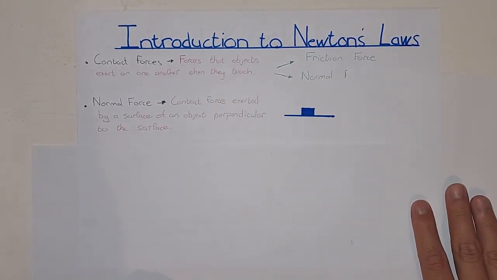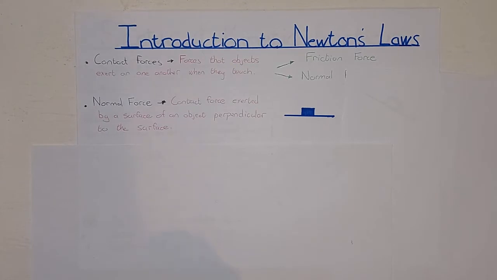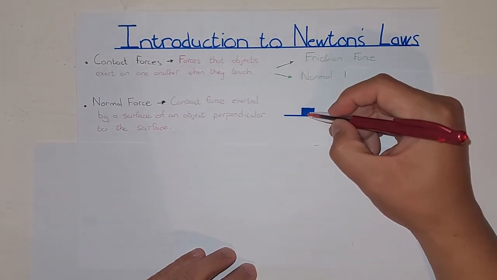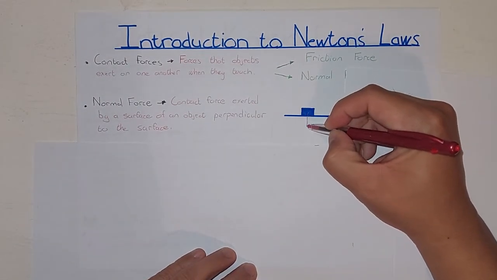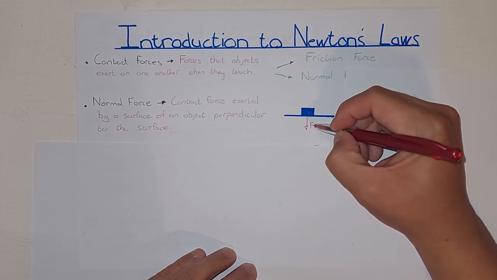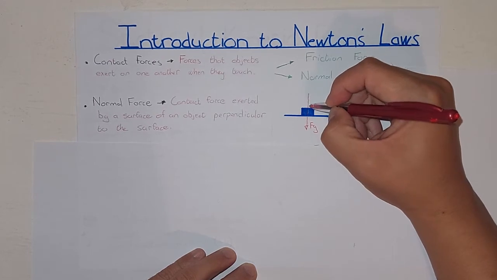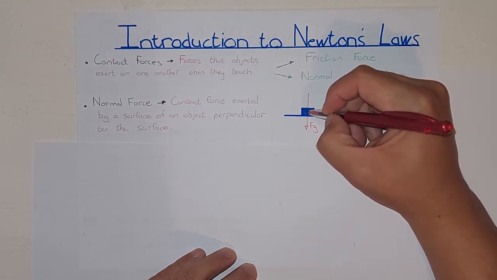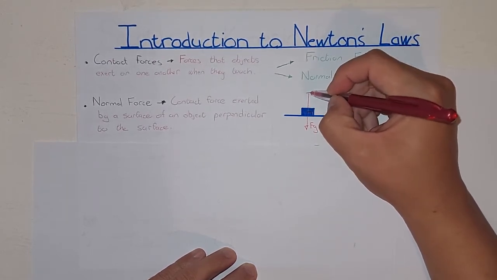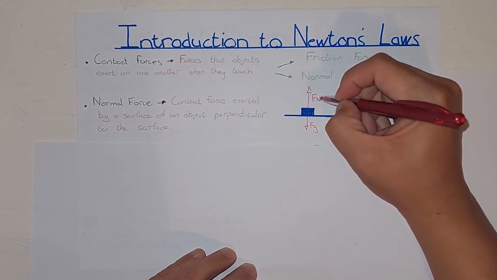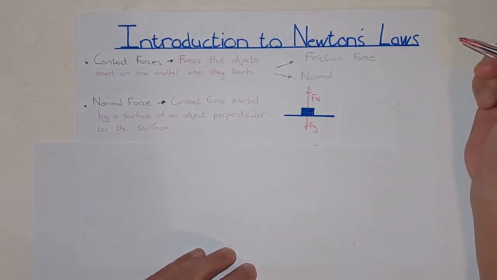So here I've got an object, and I can see that this object coming down is going to have a gravitational force of Fg, but coming up, I can see that there is a 90 degrees here, perpendicular. So this over here is going to be my normal force, right?